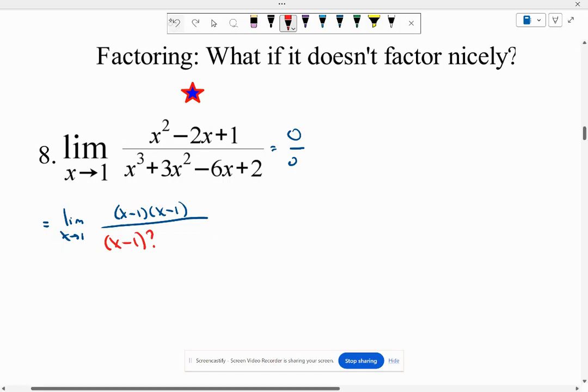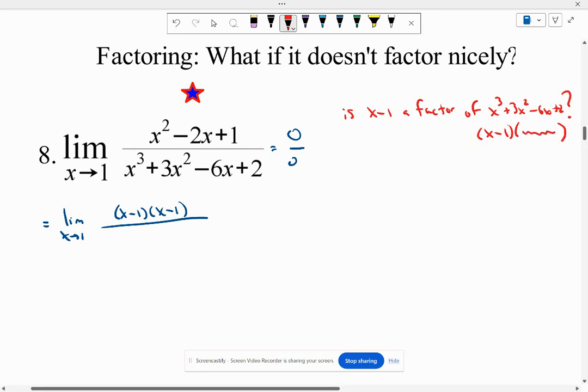So in this situation, my question really is, is x minus 1 a factor of the x cubed thing? Can I rewrite this as x minus 1 times something else?